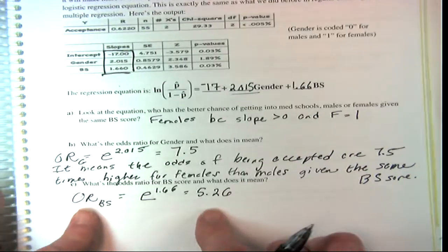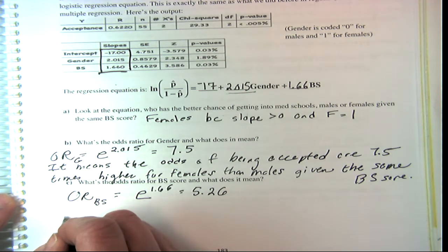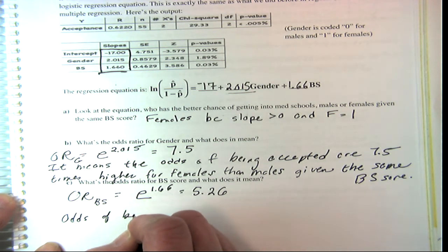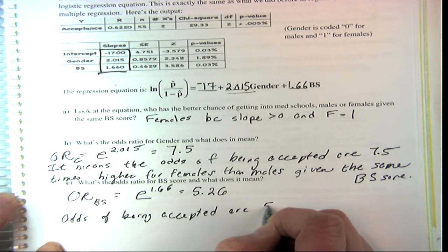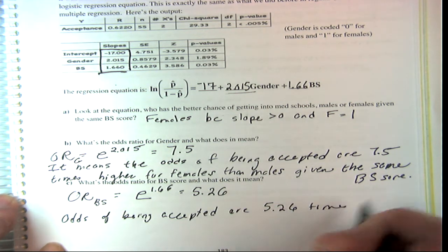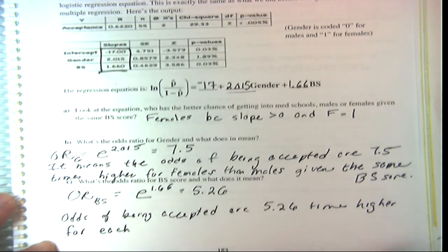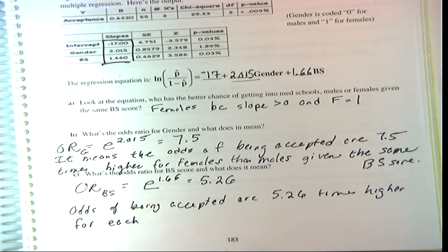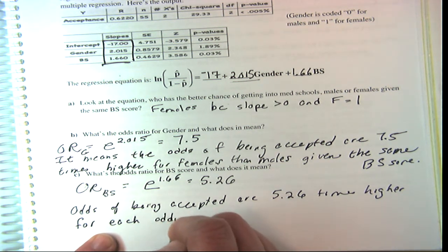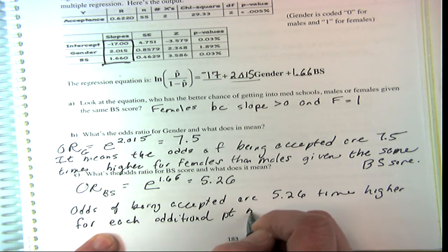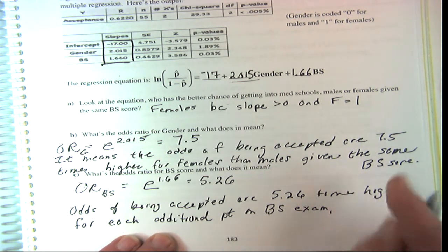Okay, so what does this mean? It means that the odds of being accepted are 5.26 times higher for each additional point on the biological science exam, as you go up 1 unit in your biological science score, given the same sex.